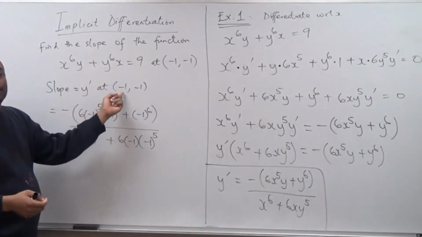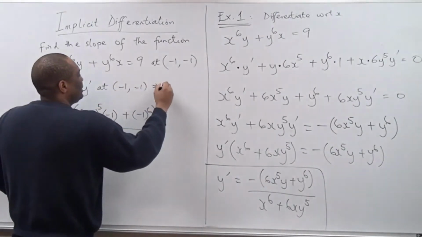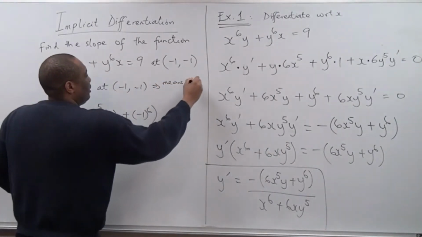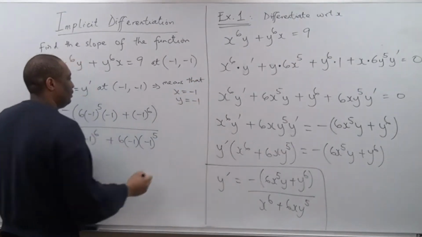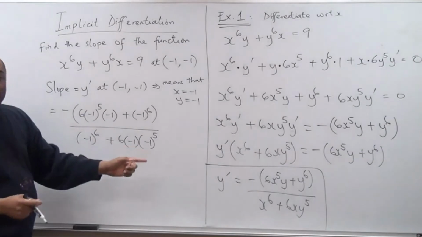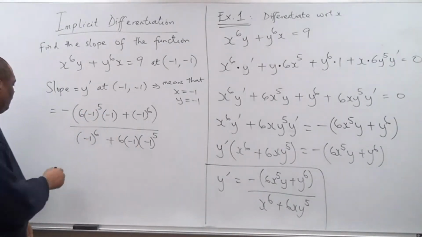Now this means that x is -1 and y is -1. So wherever we see x, we put -1. Wherever we see y, we put -1.